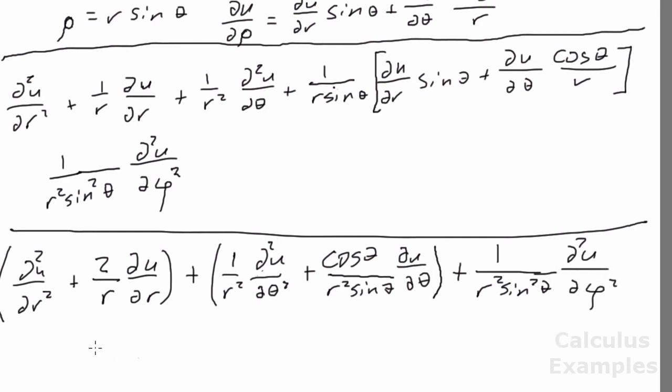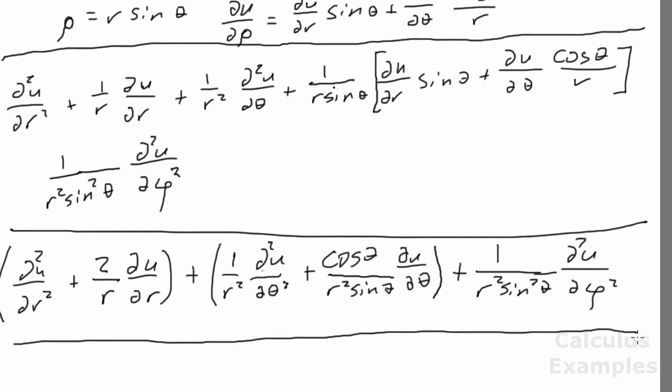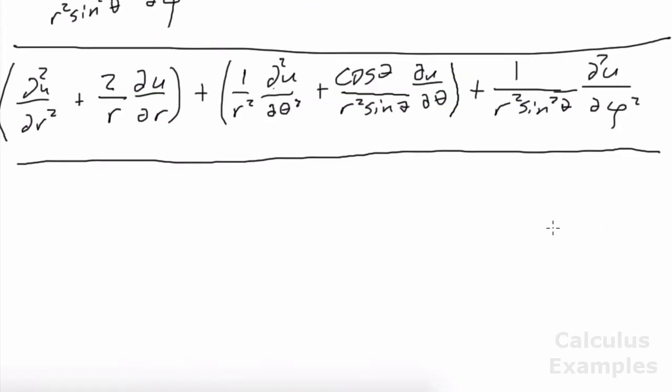Right, so this looks closer, but we're not quite there yet. To get there, we're going to have to employ a few tricks. So our first trick is to combine these first two terms together exploiting the chain rule, the product rule, I should say. So we're going to write partial with respect to r of r squared partial of u with respect to r.